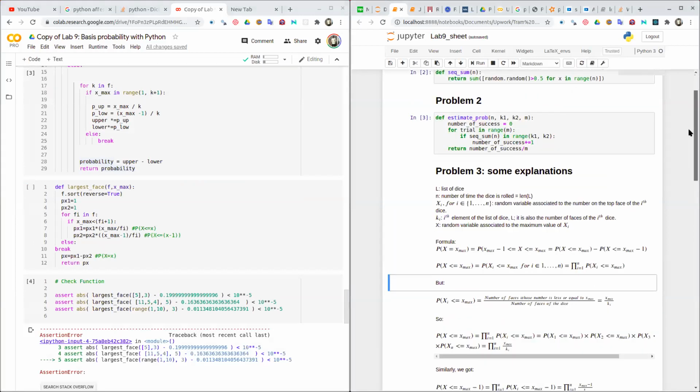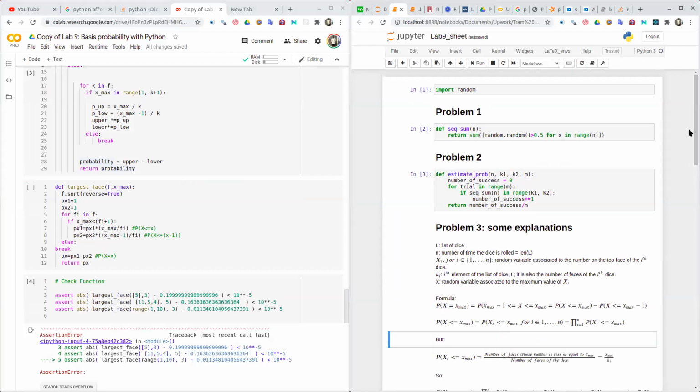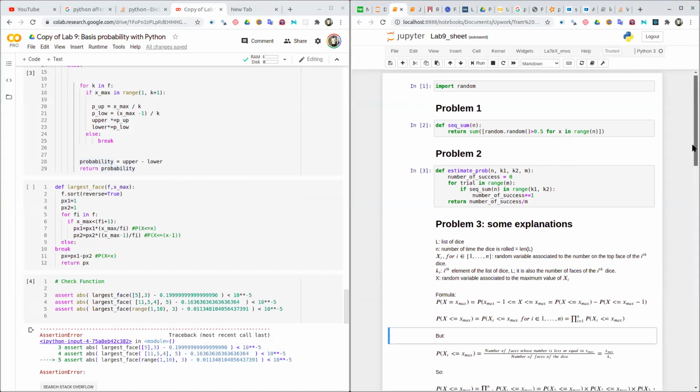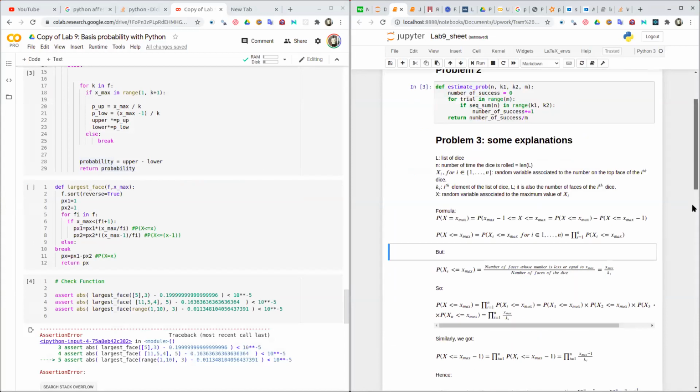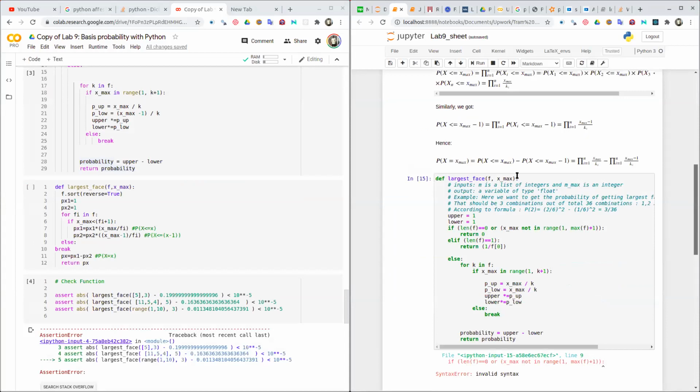Do you see my screen? Yes. Okay, great. Some explanations. You understand all what I did here?